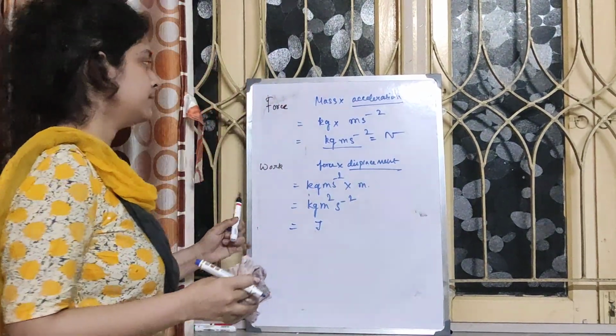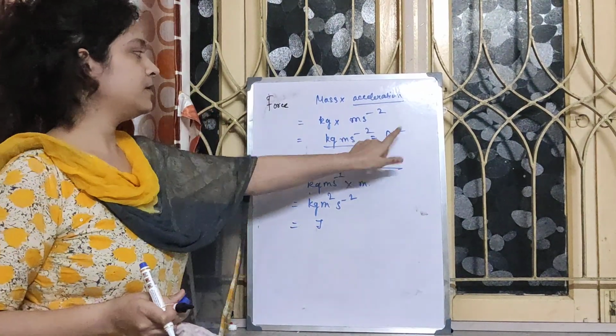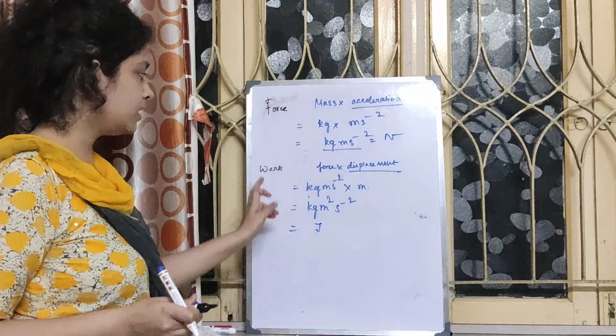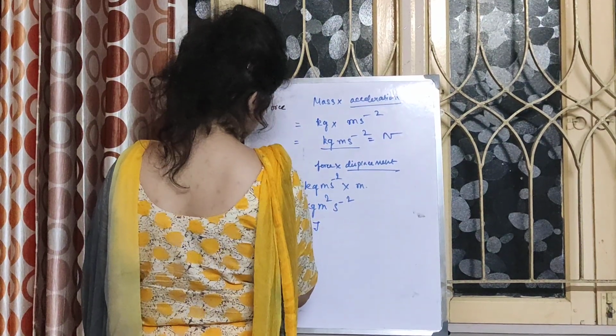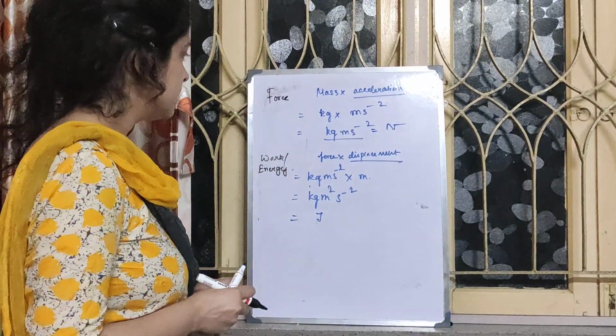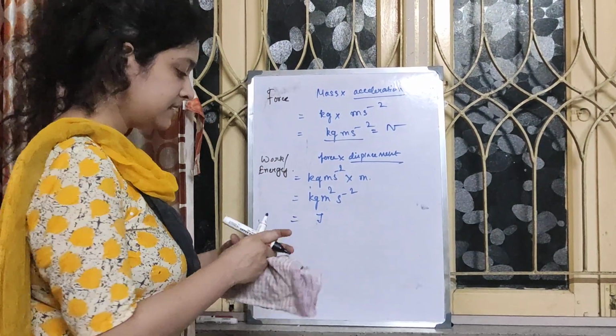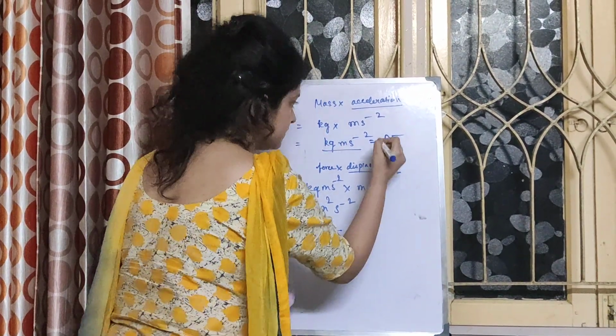Sorry, I just mixed up both. Kg meter per second square, that means it will be Newton, and work will be work or energy, both the same. So this can be written as Joule. This one is Newton.